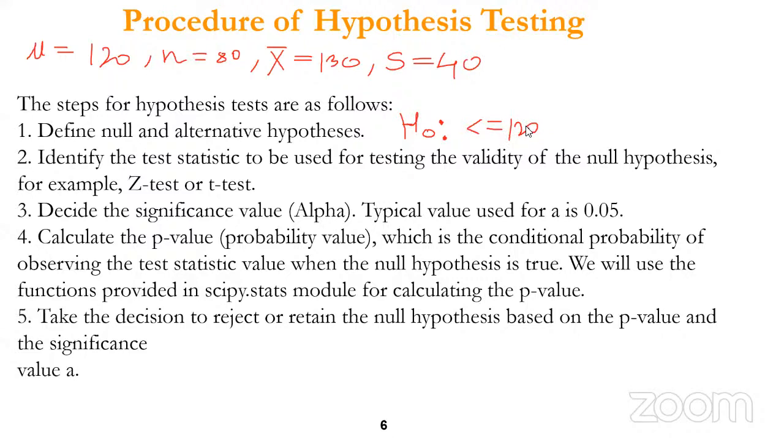We are going to compare the population parameters, and here we have a population parameter as population mean. So if the average spend of customers is less than or equals to $120, then we will not launch the program. That means we are not taking the decision. We are not taking any action. So that becomes your null hypothesis.